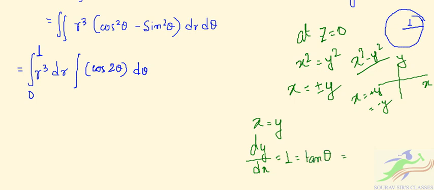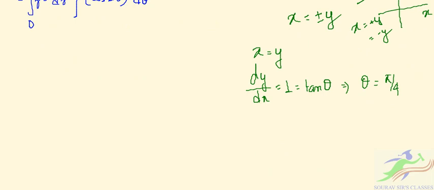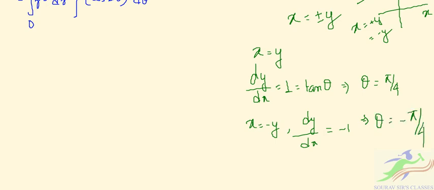So theta is equal to pi by 4 for x equal to y, and for x equal to minus y, dy dx equal to minus 1. So in this case, what will be the value of theta? Minus pi by 4. So we have found the range of theta.